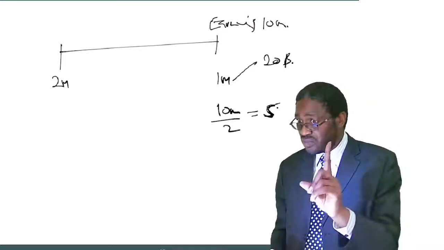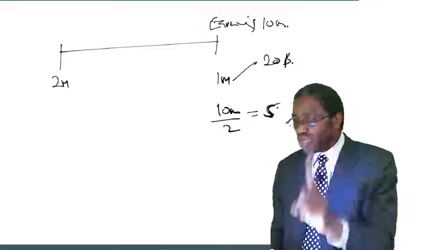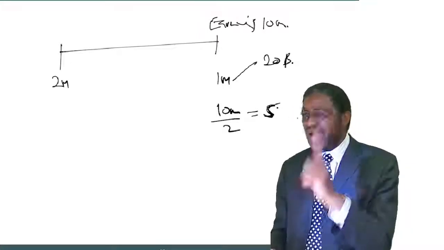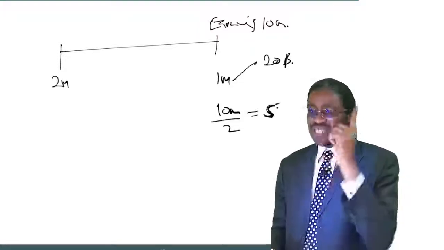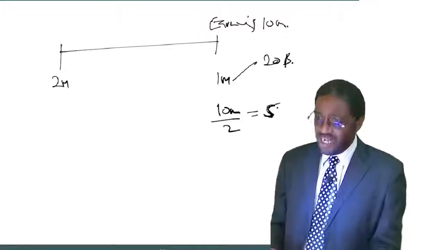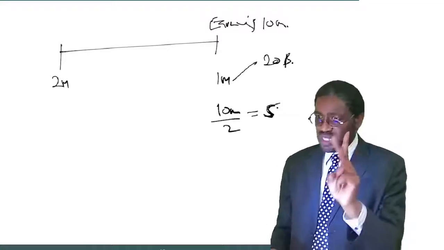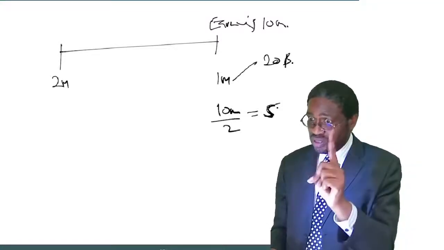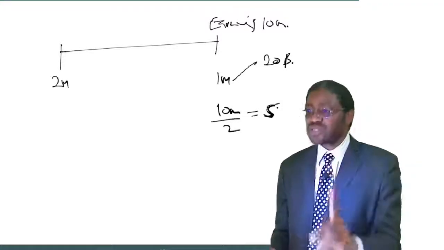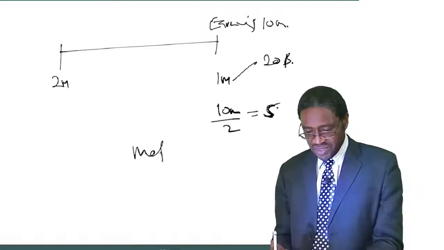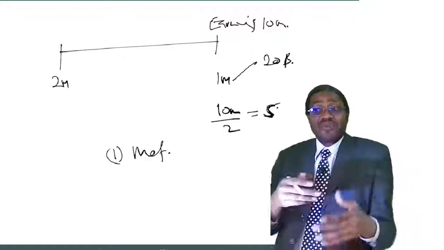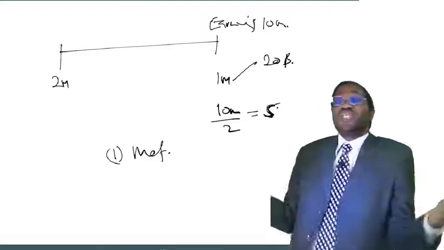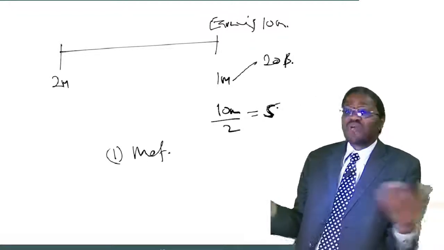Now listen. Contingently issuable shares are considered to be dilutive if, number one, the conditions have been met. If the condition has not been met, then you will not issue, so they are not going to dilute.